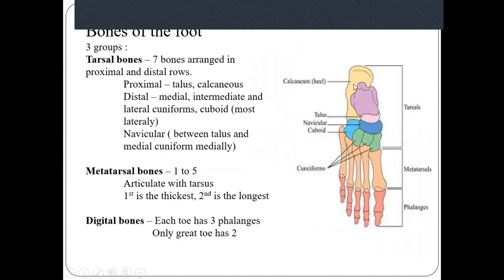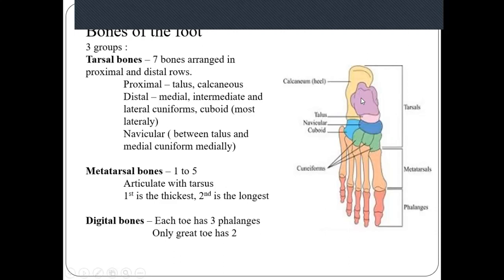This is an outline of the bones of the foot. So, in the foot, we can divide the bones into three groups. First group is the tarsal bones. There are 7 tarsal bones and they are arranged in proximal and distal rows.